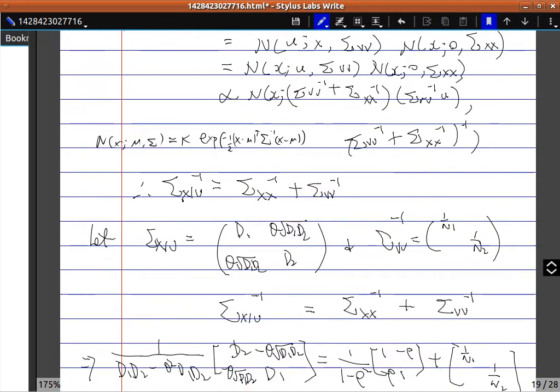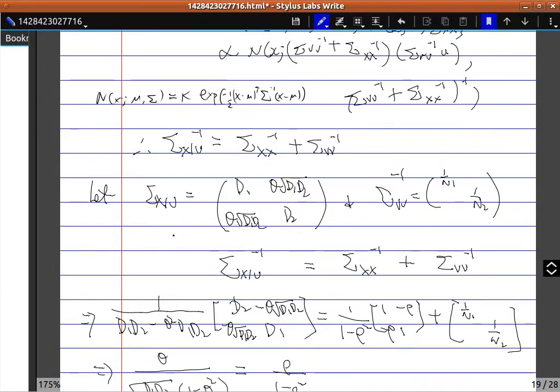Okay, now with this precision matrix formula, I can compute this sigma x given u, and let me write it in a form like this, because this actually corresponds to the final distortion, right? So the diagonal element is basically just the variance of your estimate at the decoder, and of course, because the source itself is zero mean, the variance of that estimate is just equal to the distortion.